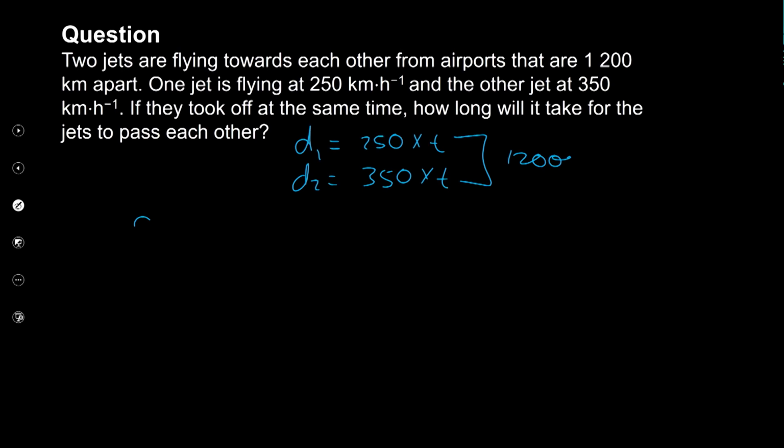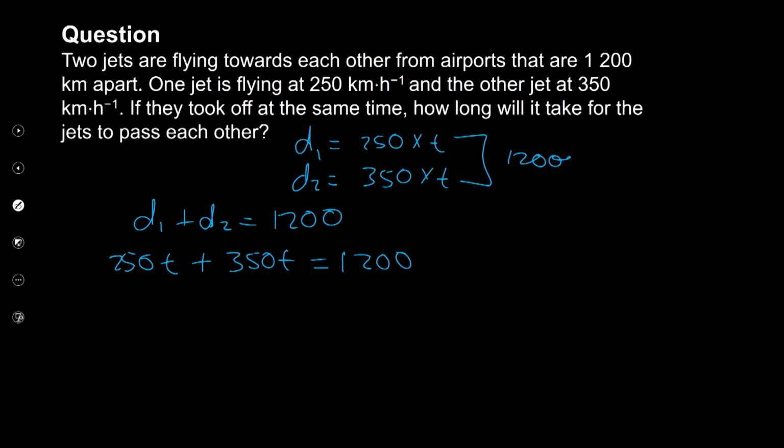So I will say D1 plus D2 is equal to 1,200. D1 was 250T plus D2 was 350T, and this is equal to 1,200. Now, this is just basic algebra, right?